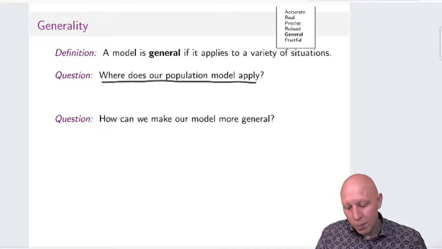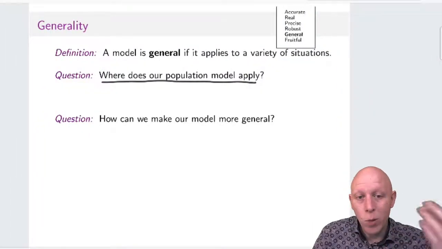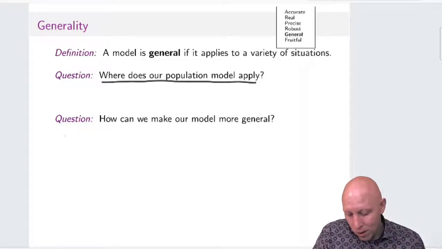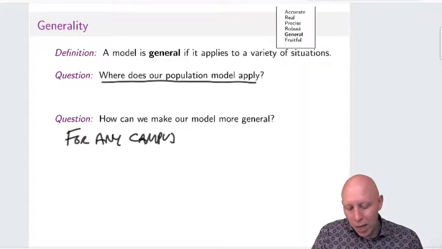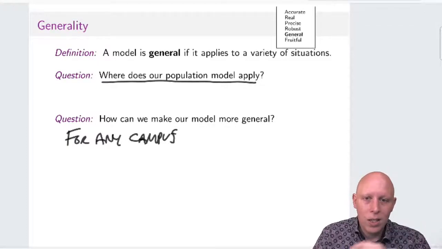So if we would like our model to be more general, what we could do is create a model that works for any campus. Or maybe we will create a model that doesn't just work for 1 year, it works for 10 years.